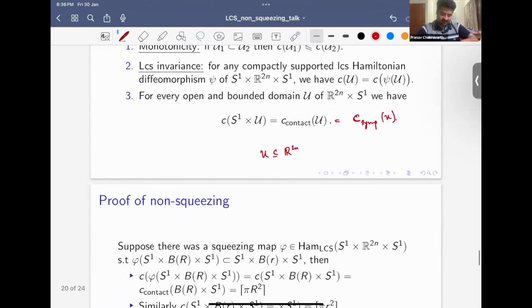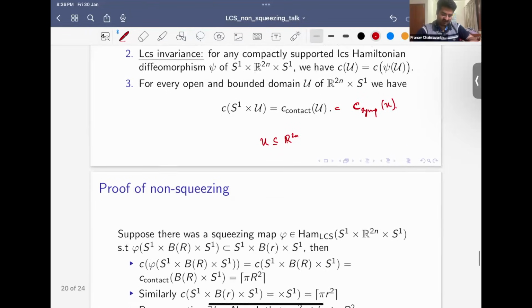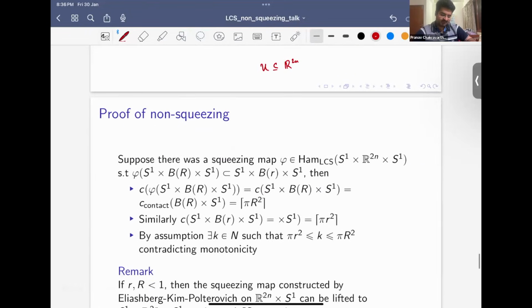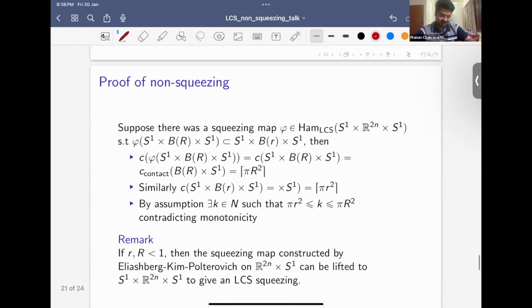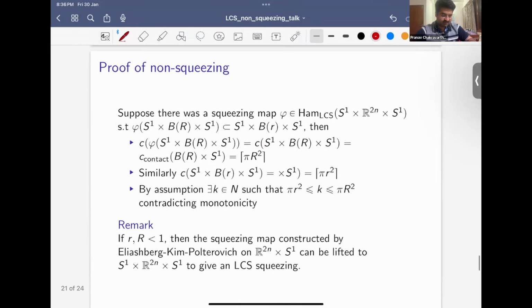Okay. And finally, since we have all the ingredients, the proof of non-squeezing follows directly. Suppose you had a squeezing map. Then by the LCS invariance, you would know that C of phi applied to an LCS ball is the same as the capacity of an LCS ball, which we know to be the same as the capacity of the contact ball, which we know to be the integer part of pi r squared.